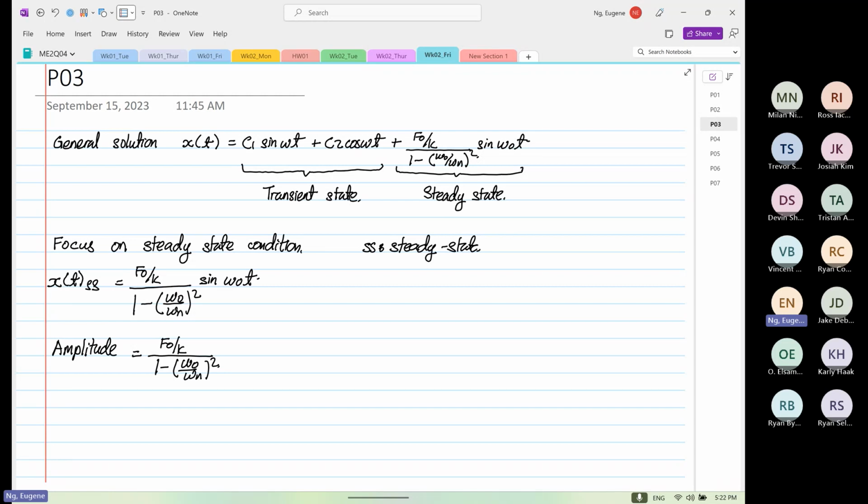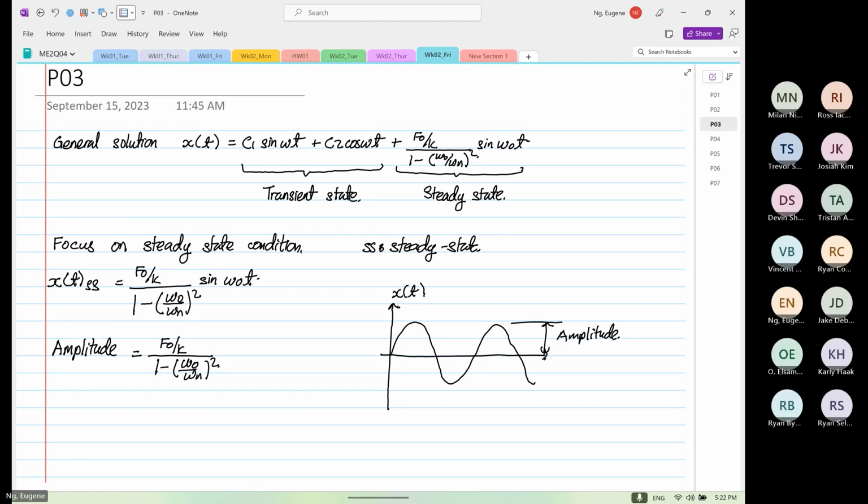If we were to sketch x as a function of time, we know we will get a response like this. Steady state. So this amplitude over here, this is our amplitude at steady state.